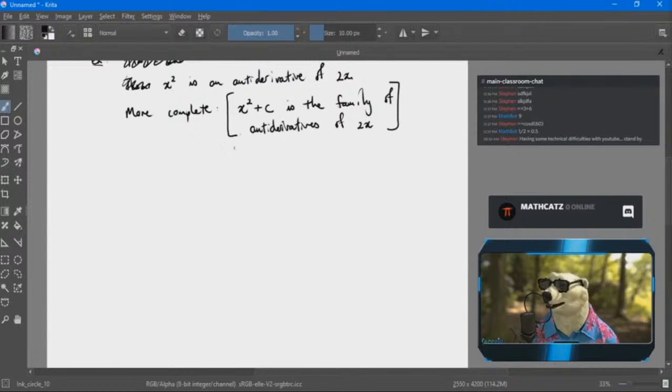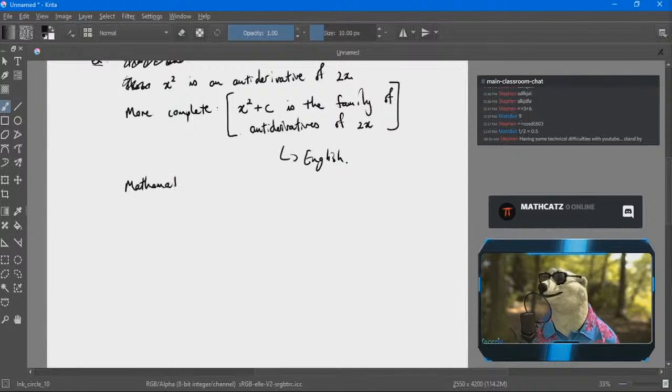This is still sort of half English, this sentence. I want to represent this sentence with a mathematical sentence.